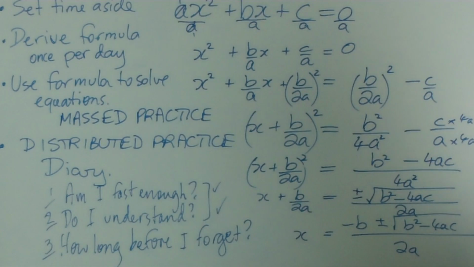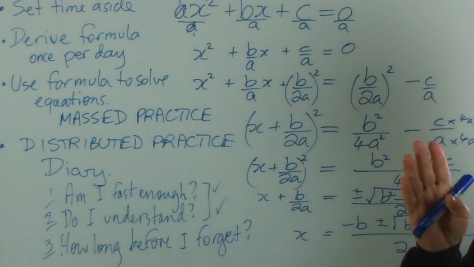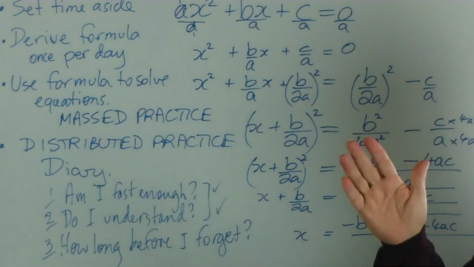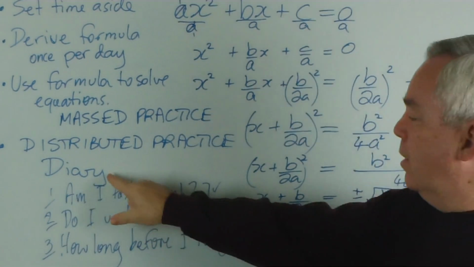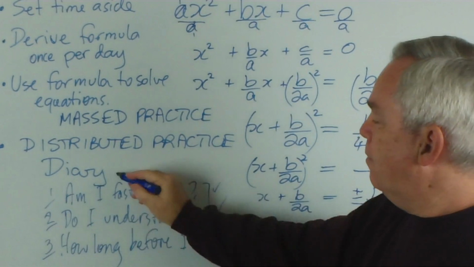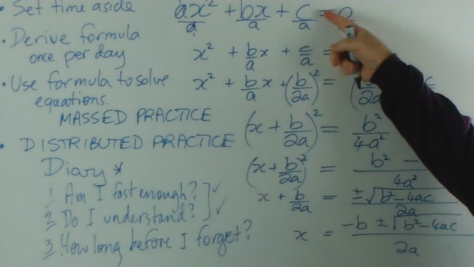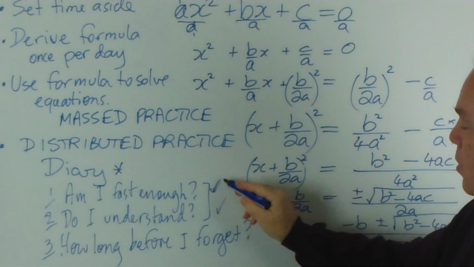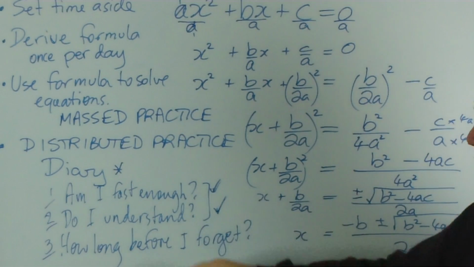You might feel that you can go 6 months without forgetting. Some students will. You might decide it might only be 2 weeks. And somewhere in between there'll be a time when you think, yes, I think I'll understand it to here but not here. That's when you write a little note in your diary to revise this derivation and then to use the formula again and to ask yourself the 3 questions again.